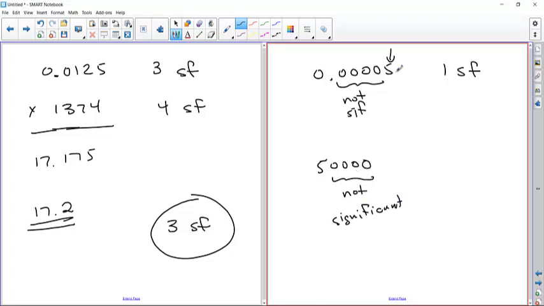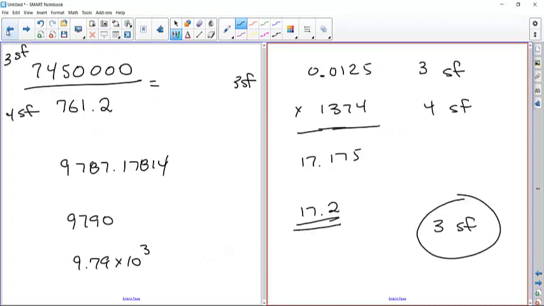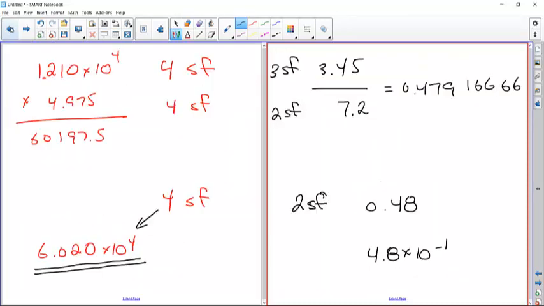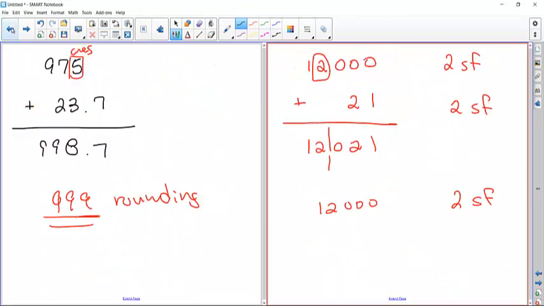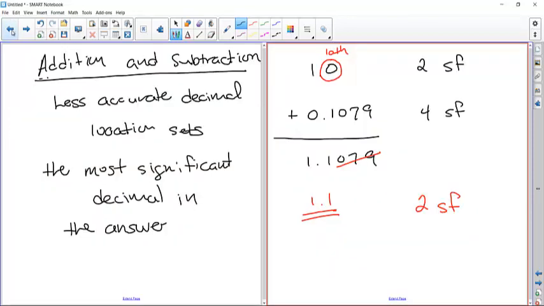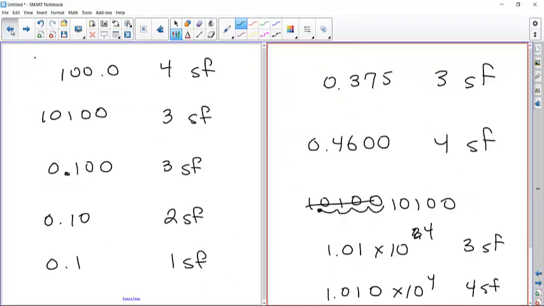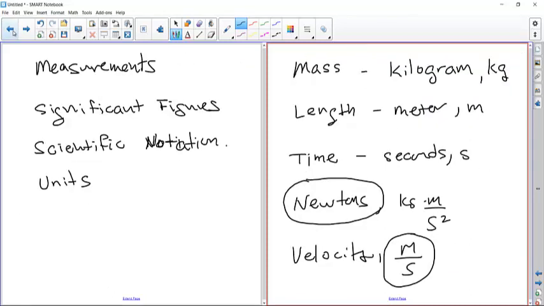But if you do have numbers here, these are significant. Okay, so that's your instruction on significant figures.